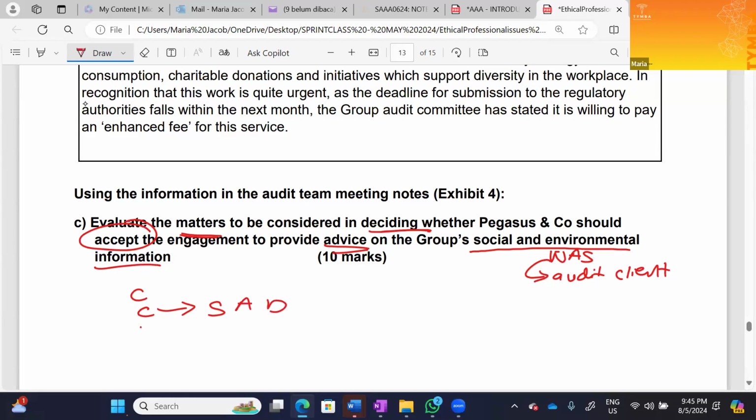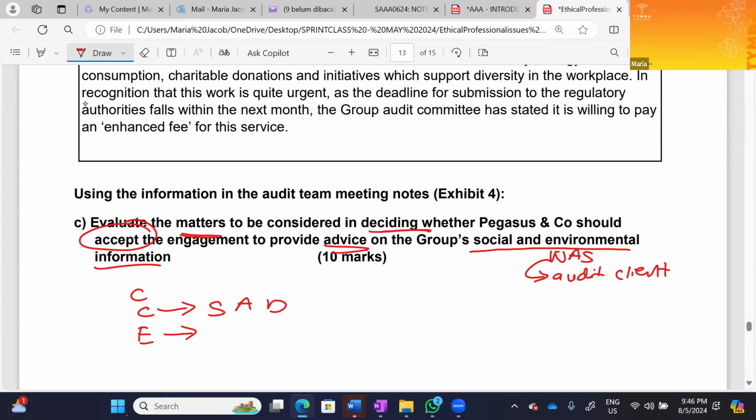Then I am going to also discuss the ethical factors. Whether I have a conflict of interest is more unlikely, because this is the same client. Conflict of interest is normally an issue if we are accepting a job for a competitor of our current client, or we have some internal benefit from doing it.